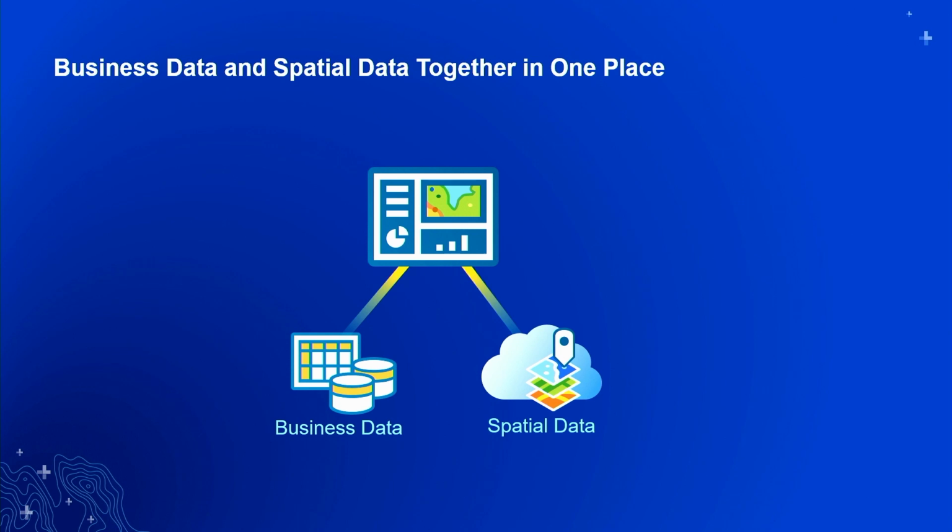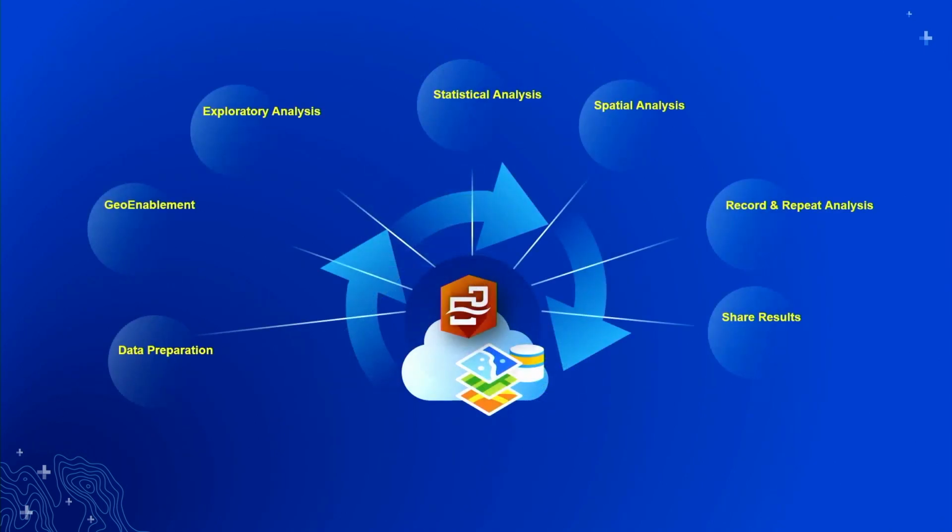Just to hit this home one more time, Insights accesses both business data, tabular data, and spatial data in one spot. And it allows you to do either a workflow or jump in and do one of these things. It doesn't matter. Capabilities include data preparation, enabling your data spatially, or geo-enablement. This also includes geo-enrichment.